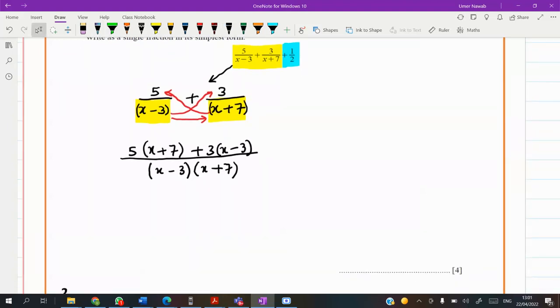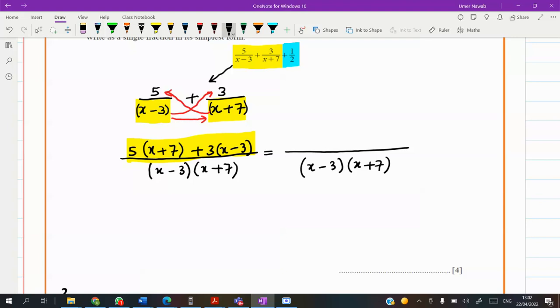So I hope you understand that I have multiplied the fractions with cross, and in the denominator I multiplied straight, x minus 3 multiplied with x plus 7. Now no need to touch the denominator, keep the two factors as it is, no need to expand it. Only the numerator will be expanded.